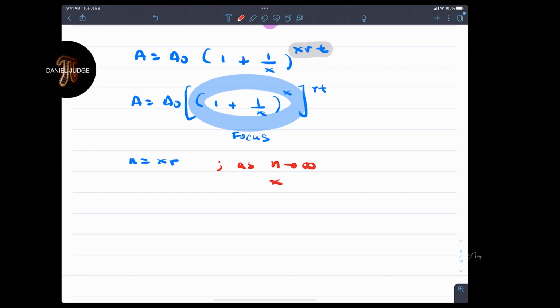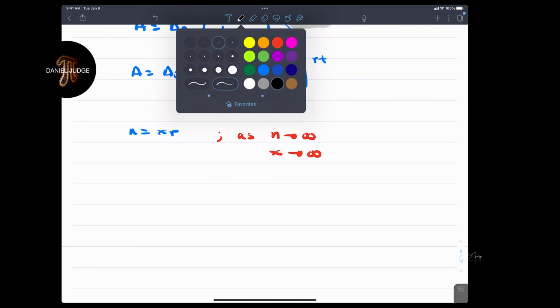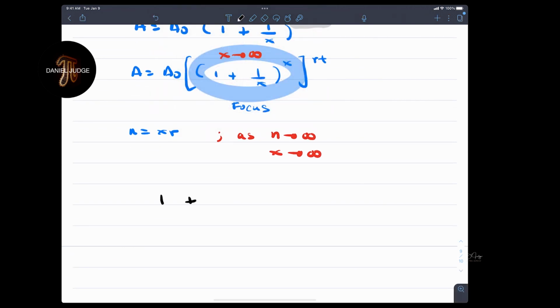And that means X is getting big as well. To infinity and beyond. So what we want to find out is what happens to this portion, our focus. What happens to this 1 plus 1 over X, raised to the X power, as X gets big. To infinity and beyond.